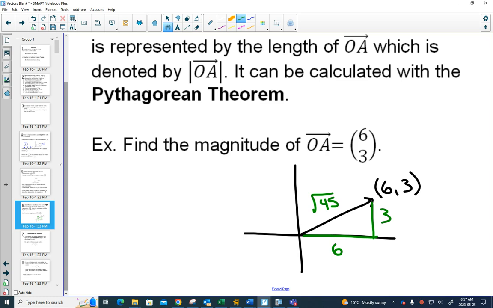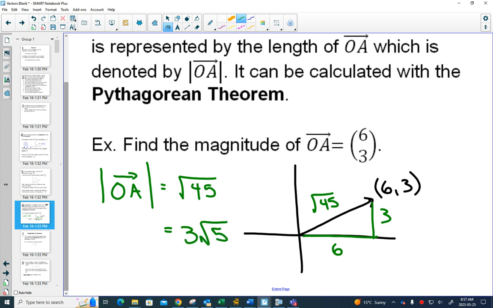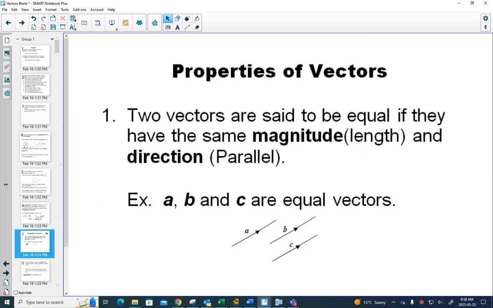So we would say that the magnitude of OA is equal to the square root of 45, which, if you want to practice your skills with simplifying radicals, that's always good. Textbook might list it as 3 root 5 for your worksheets to get that as an answer. So the magnitude is just a squared plus b squared equals c squared. It's just the same thing with the triangle.